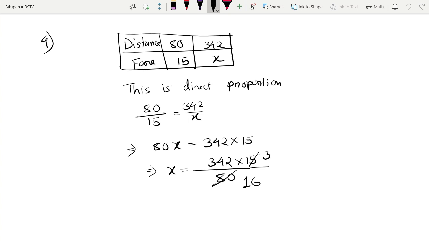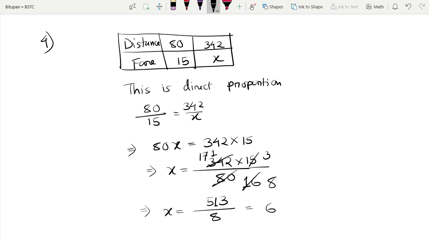Dividing by 16, if we divide by 2, 2 8s are 16, 2 7s are 34, 2 1s are 2. Now 8 cannot divide 171, so it is 8, and if you multiply, 3 1s are 3, 3 7s are 51, 513.